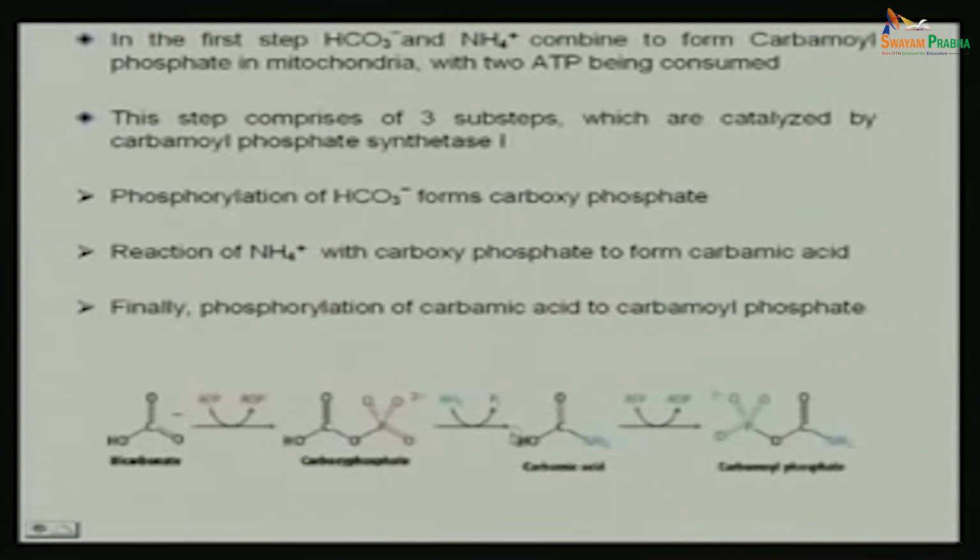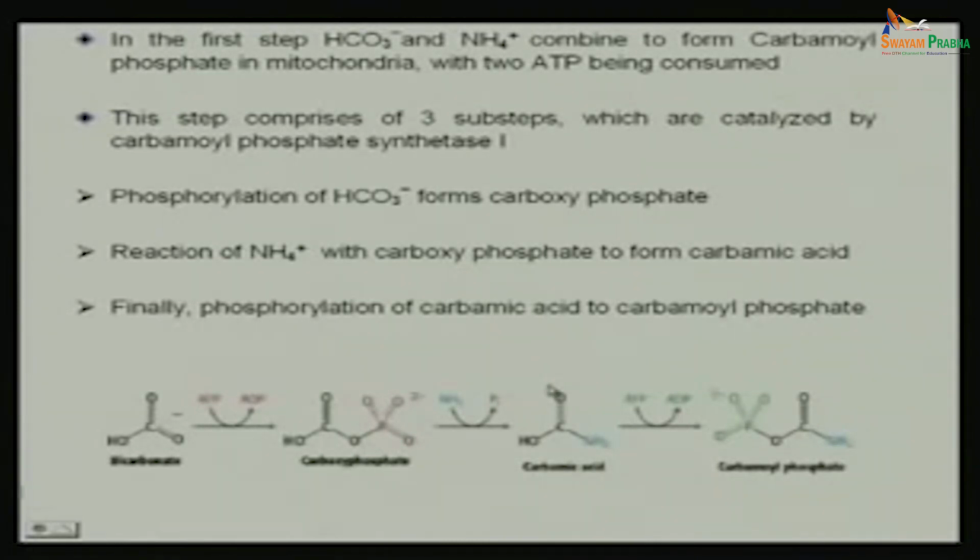When this carbamic acid is formed, another molecule of ATP is coming and donating its phosphate to this carbamic acid, and ultimately carbamoyl phosphate is formed. You see this is the phosphate and this is the carbamoyl group, and carbamoyl phosphate is produced, which is the end product of this first step of the urea cycle.